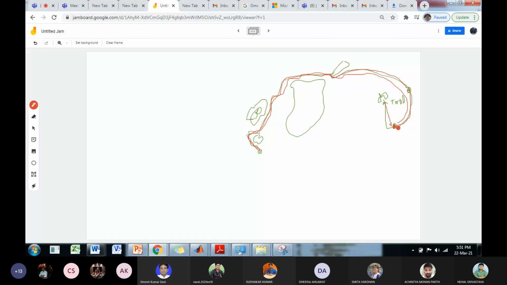Then according to these positions, you need to have certain values of theta 1 and suppose theta 2. If you have a 3 links robot, then theta 3 maybe also. If you take this direction, this is theta 1, theta 2, and suppose this theta 3. So according to the change in the position of the object, you have a certain trajectory of the tool.